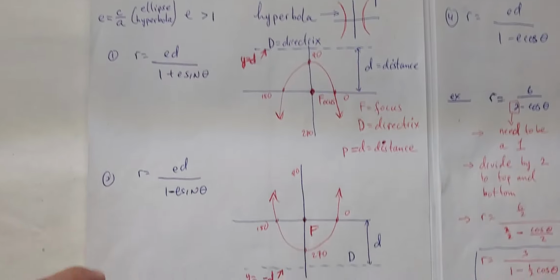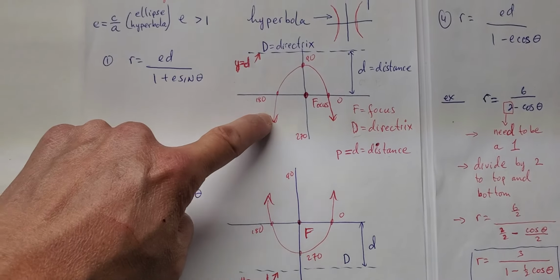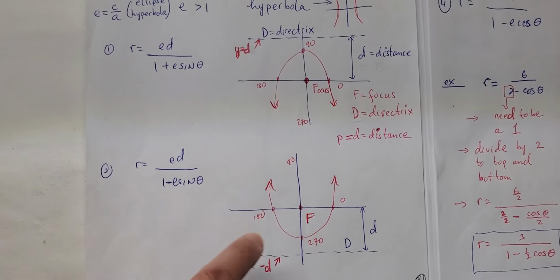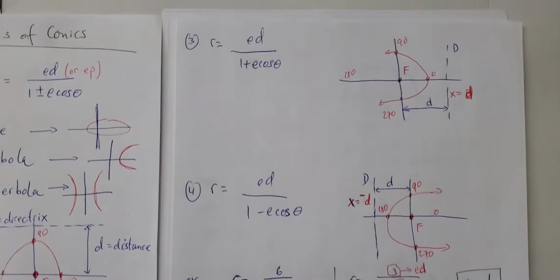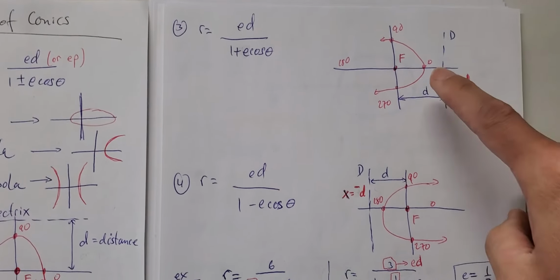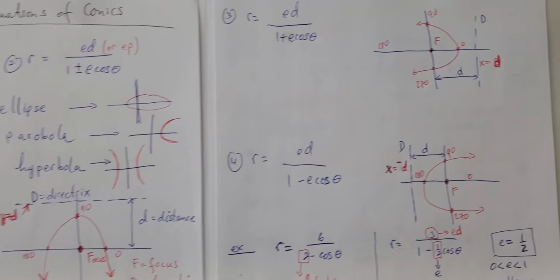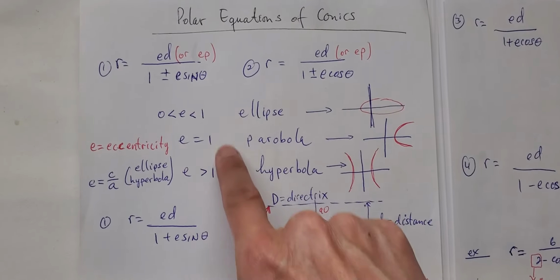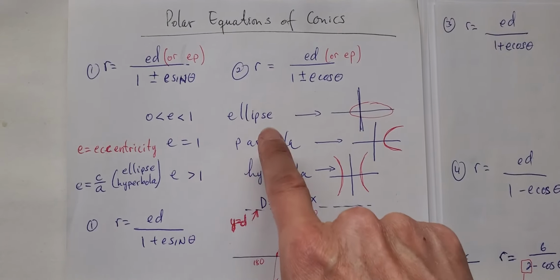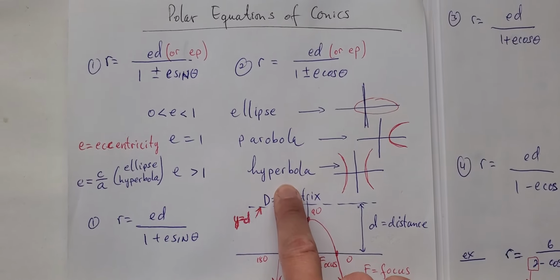One more time. Plus sine, down. Minus sine, face up. Plus cos, left. Minus cos, right. Also, don't forget about the E. This will determine if it's an ellipse, parabola, or hyperbola.